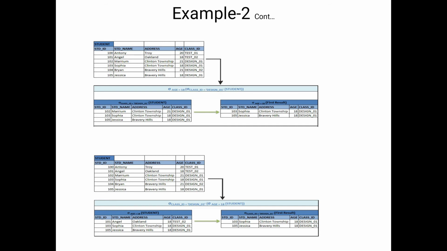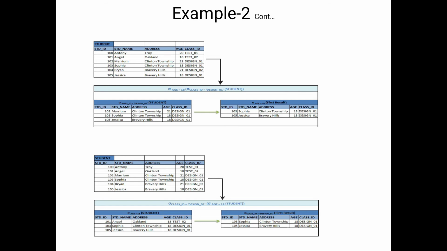In the left hand side table, we first sort out the design 1 students, so we retrieve 3 results. What is the next condition? We want age 18, so we apply that filter. Finally we get 2 results.